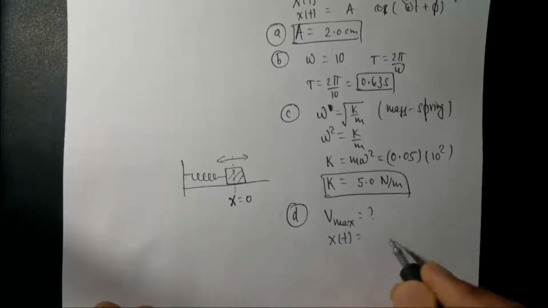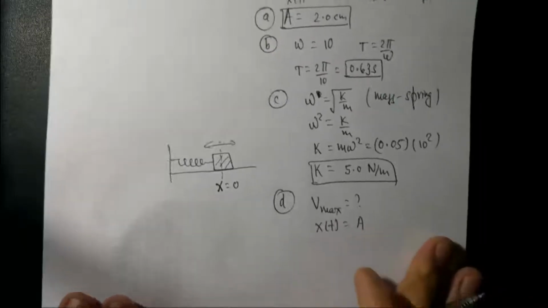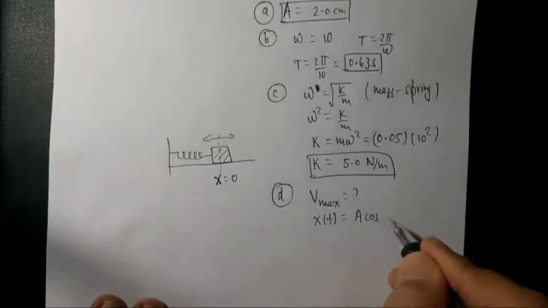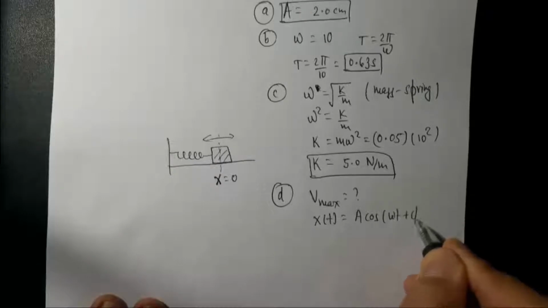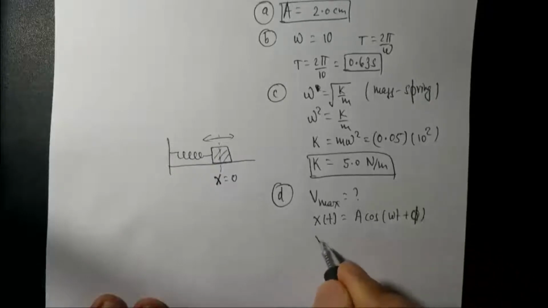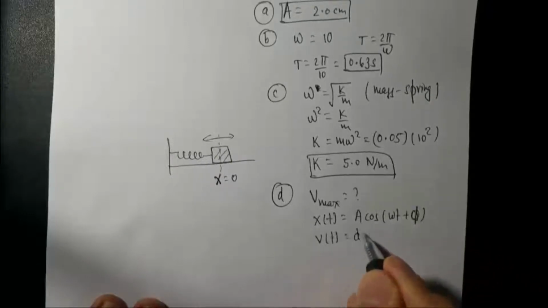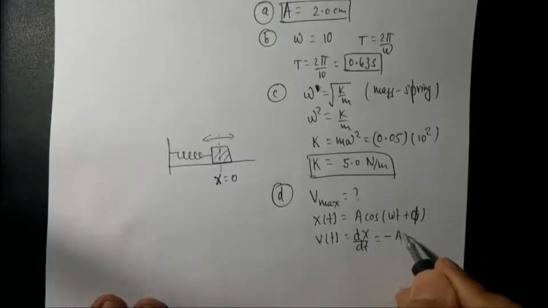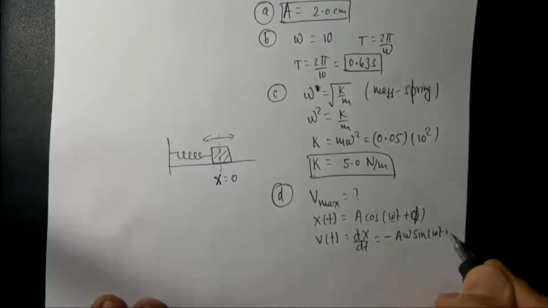Going back to the position function, this is the position of the oscillating mass as it changes, right? To find the speed, you just take the time derivative of this. And this is going to give you negative a omega sine omega t plus phi.